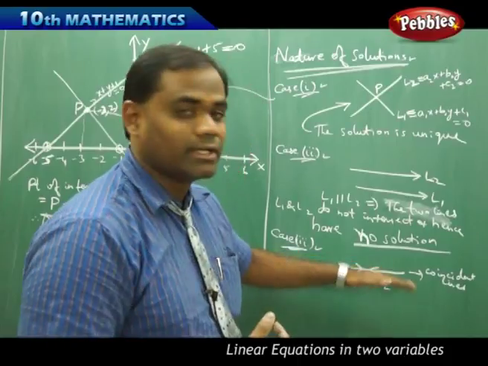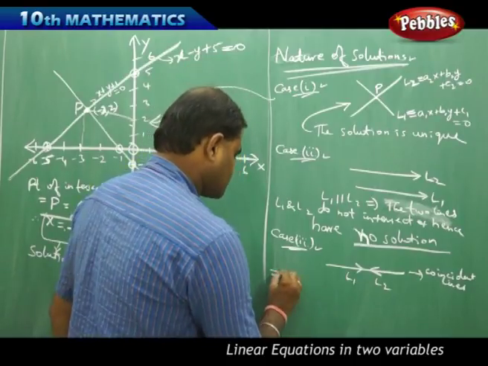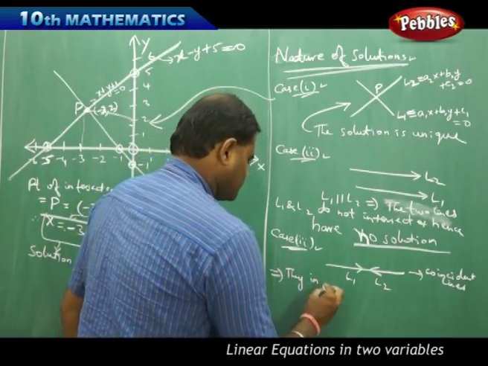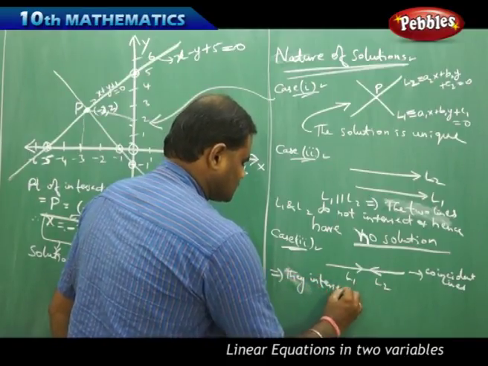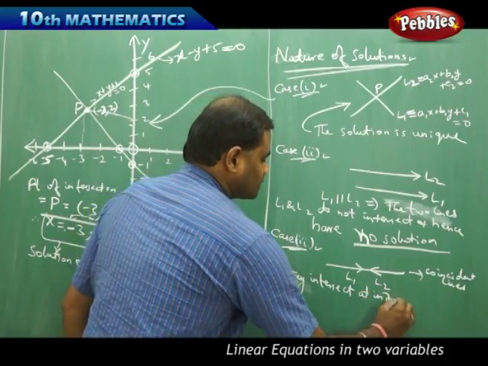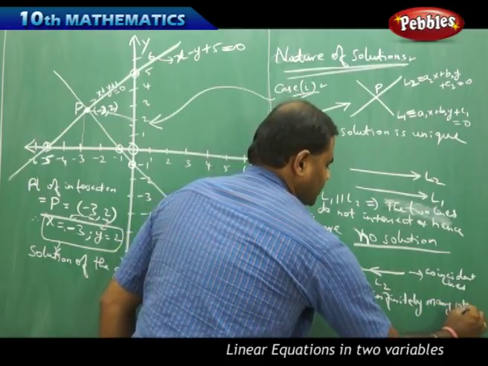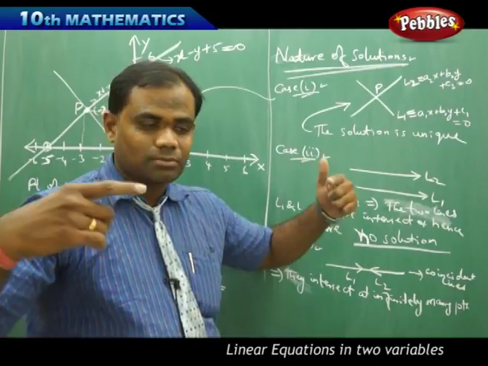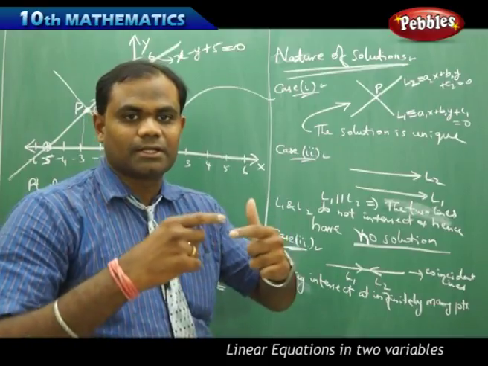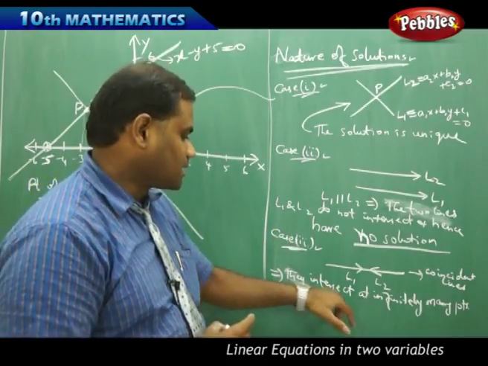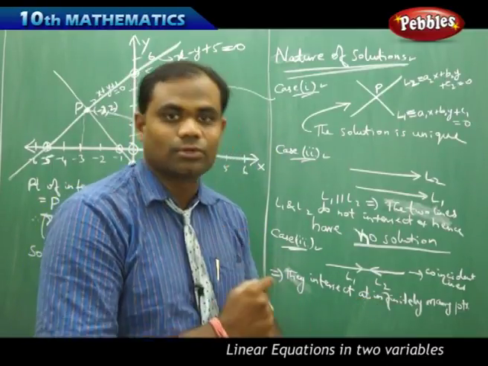That means they both intersect at infinitely many points. The lines L1 and L2 are said to be passing through each other infinitely many times, and hence mathematically they are said to be intersecting at every point. Hence they intersect at infinitely many points, and therefore we get infinitely many solutions.